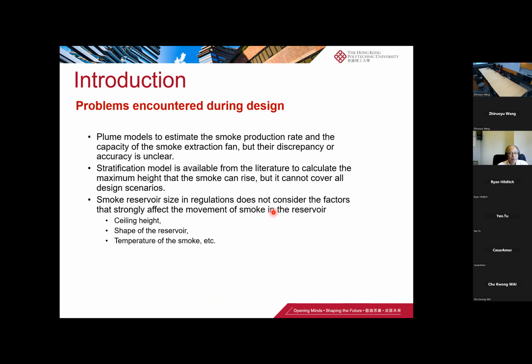In past projects, when we do the practical design, we encounter some problems. The plume models estimate smoke production rate and the capacity of the smoke extraction fan, but the discrepancies between them and the accuracy are not clear.